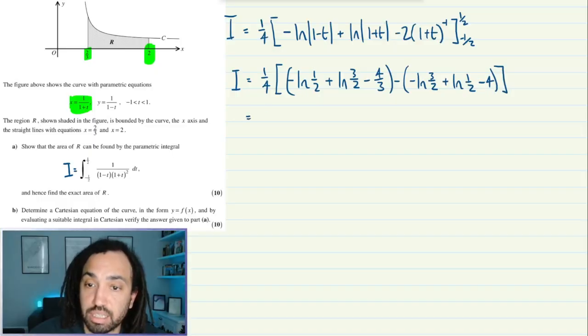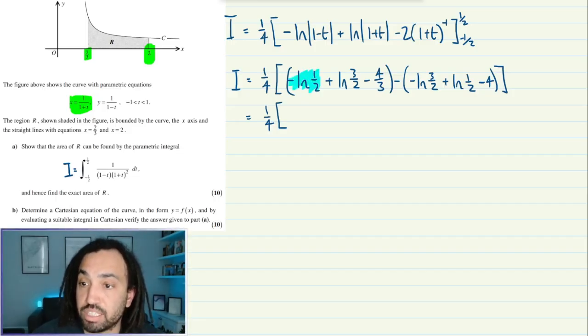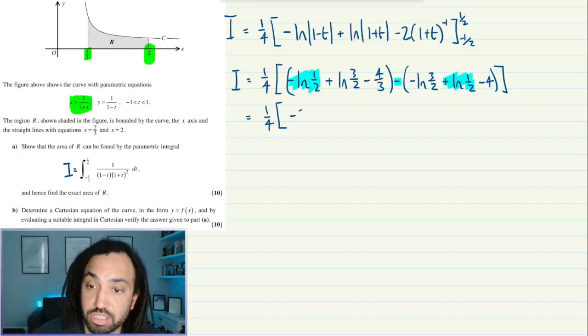Okay, let's keep the quarter outside, and then let's simplify these. So we have a minus ln a half and another minus ln a half. So that is -2 ln a half.